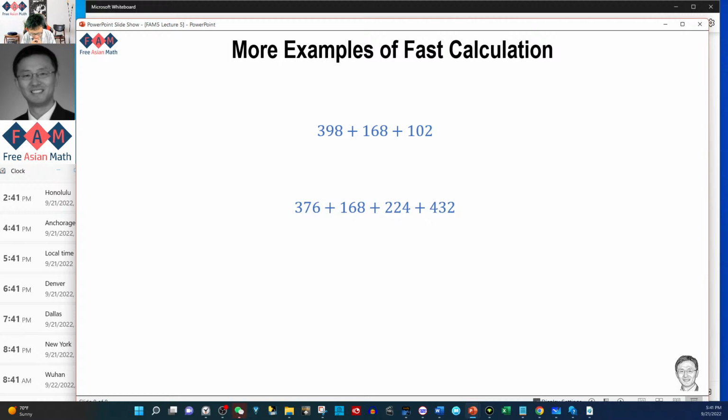Well, once again, you can recognize that you want to combine 376 with the third number, which is 224. That will give you 600. And similarly, you combine the second and the fourth, 168 plus 432. Once again, you have another 600. So at the end, you add 2 600s together. That's 1,200.